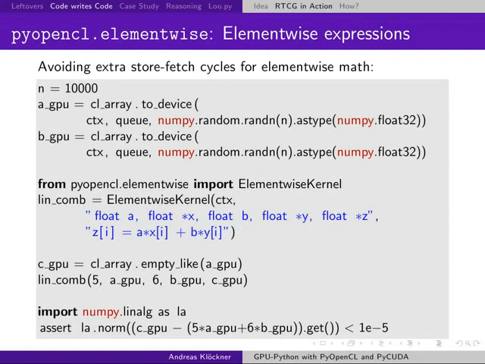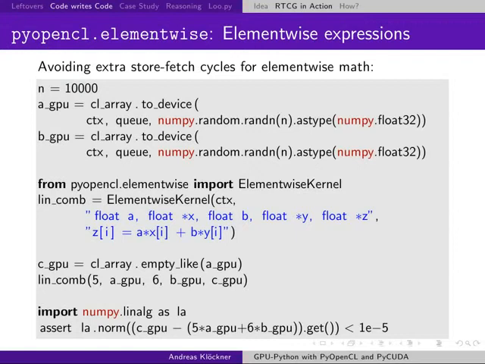So within reason, as long as you want to do something for each entry of an array, it can be expressed using that. More questions here? Question answered, by the way? Right, and then at the end you fetch this off the GPU and check if it gave the right result, and it does. Great.